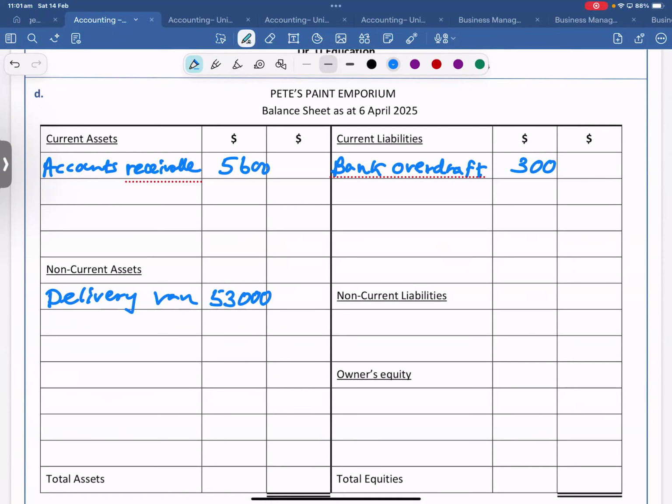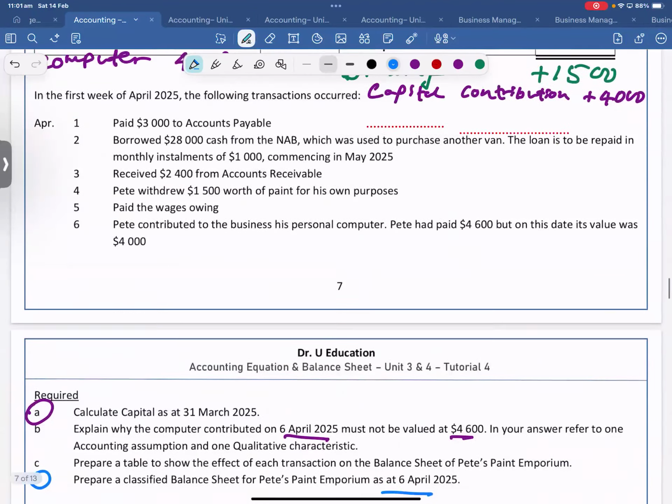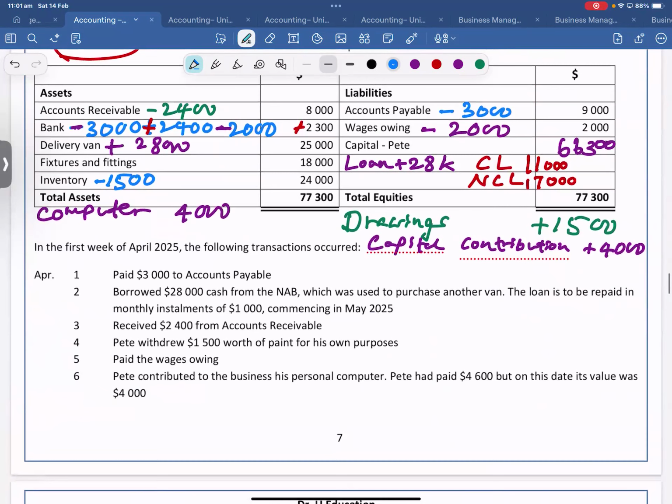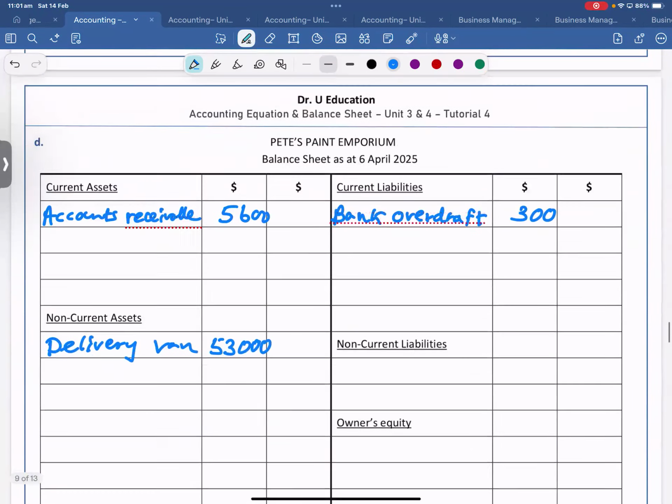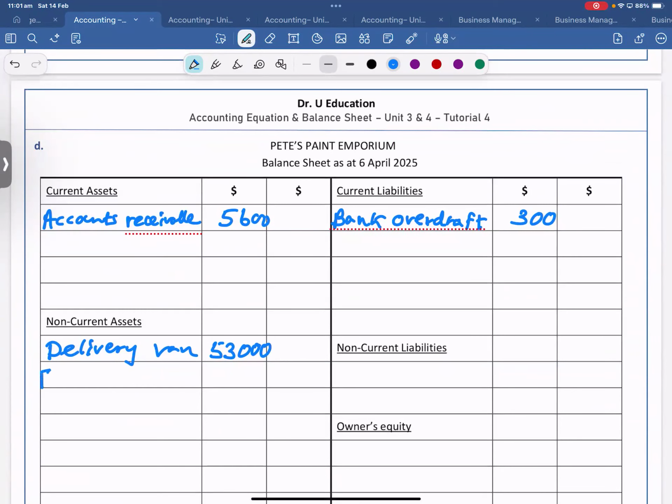Fixtures and fittings. Yes, next one is fixtures and fittings. I don't know whether that's current or not current. Non-current. You know what fixtures and fittings is? Basically it is furniture and the things that we have fitted for a long time.